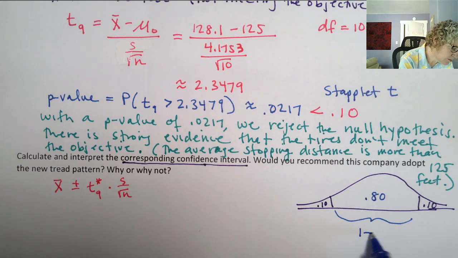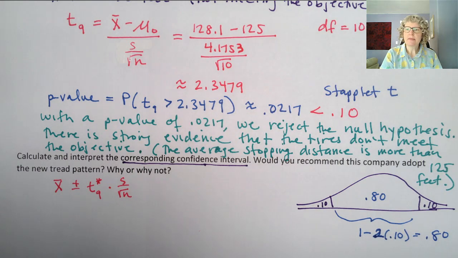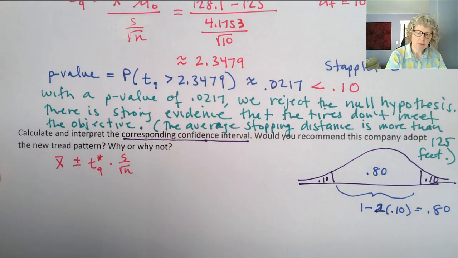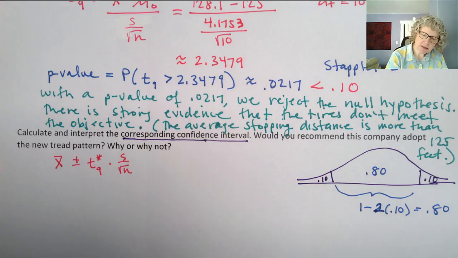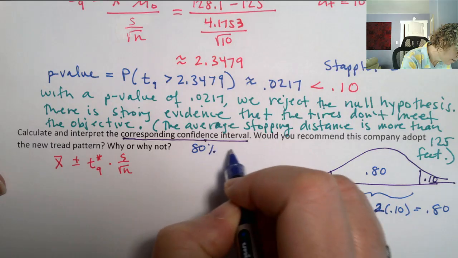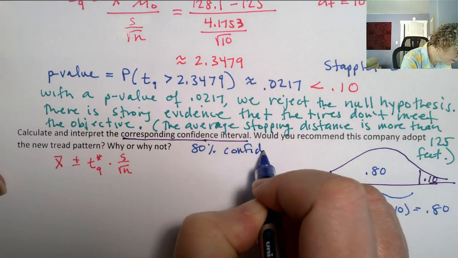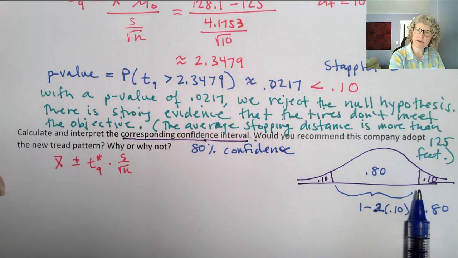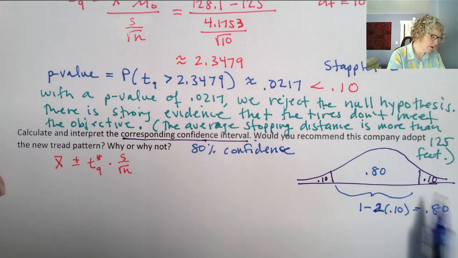Or if you prefer the formula, you can do 1 minus 2 times 0.10. Okay, I prefer to just draw it out, but you can also use the formula. Okay, so we're doing an 80% confidence. That way it just matches up with our test over here.